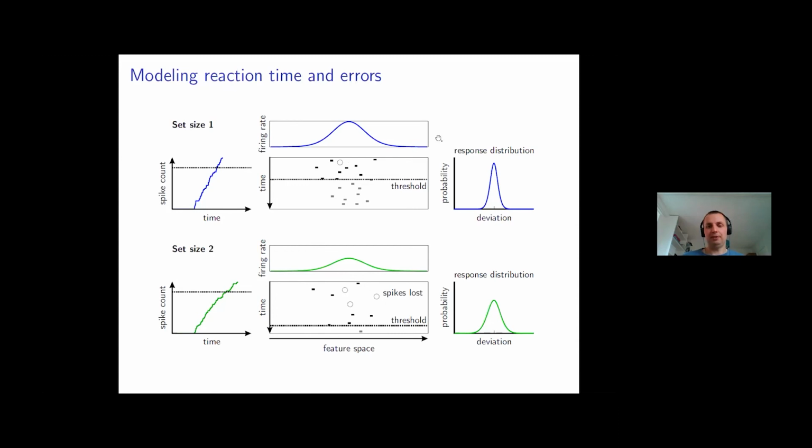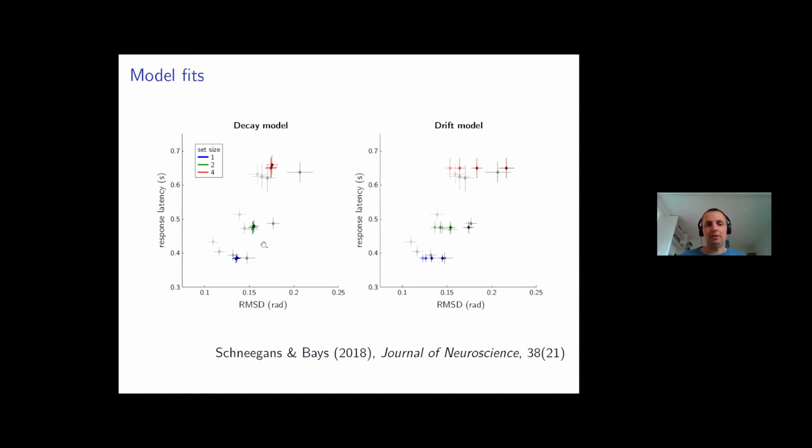We can then fit the model's free parameters to the behavioral data. We can do a maximum likelihood fit, so we find the parameters that best explain the data. For the decay model, for which we've already seen that it doesn't really qualitatively match the data, the best thing it can do is basically assume that there's no decay at all and fit all the different delay durations in the same way.